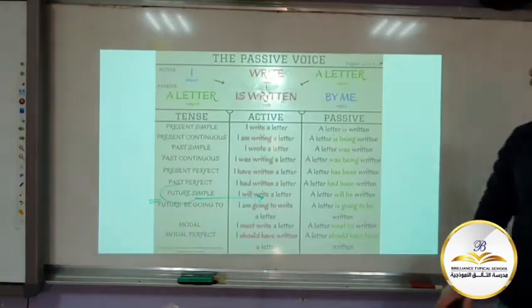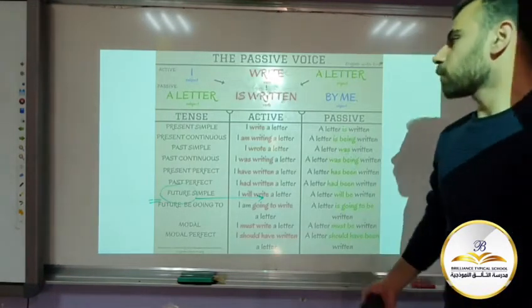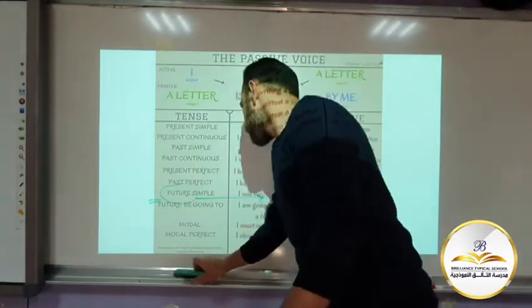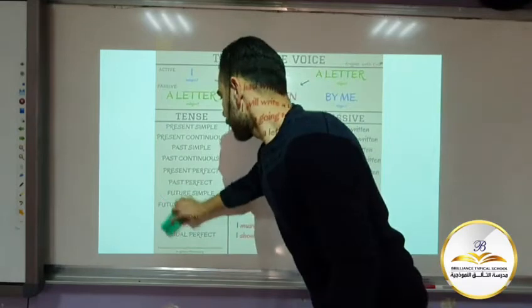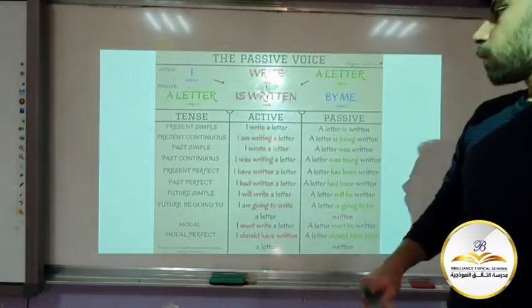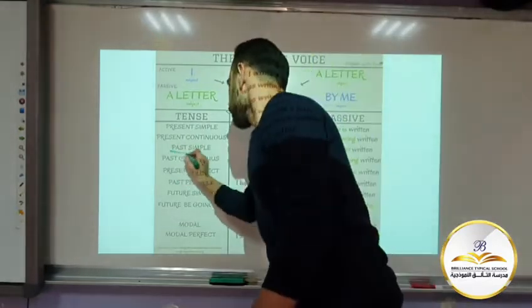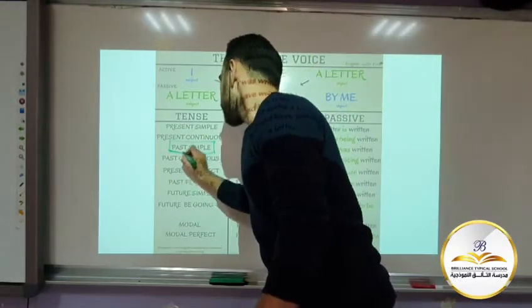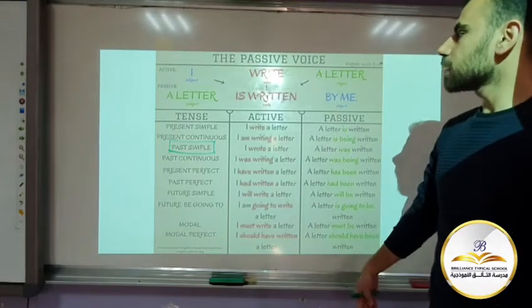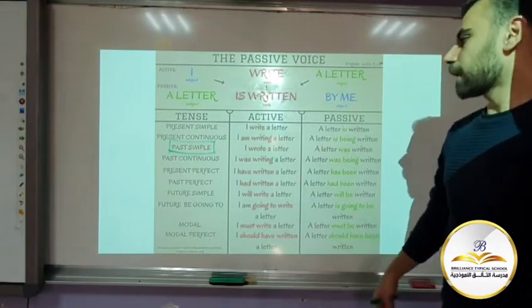Okay. When dealing with the passive voice, we need to do some changes according to the tense of sentences. Let's take a look. What we have in our book, we care about just past simple. This is what we care about. But if it happens and you see other types of sentences, you have some idea.